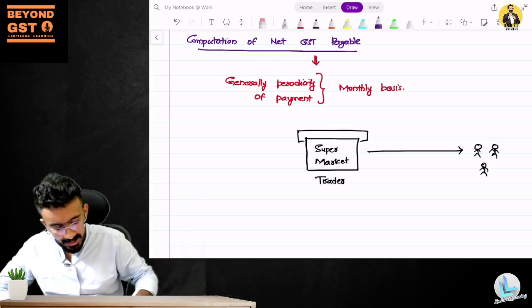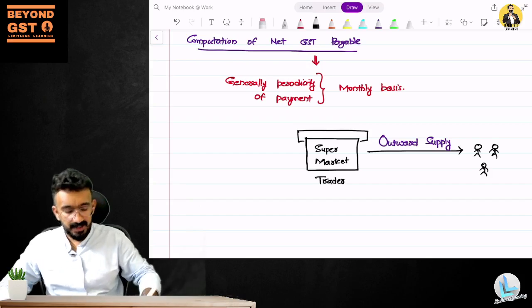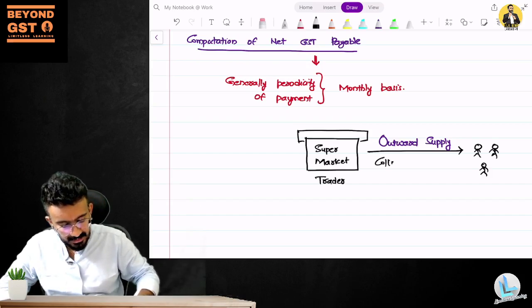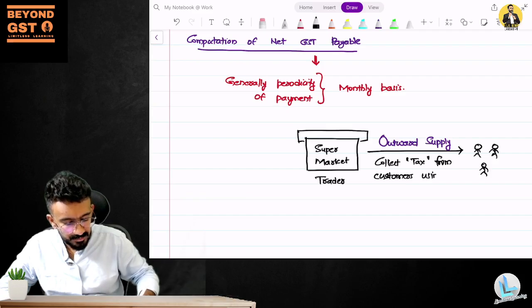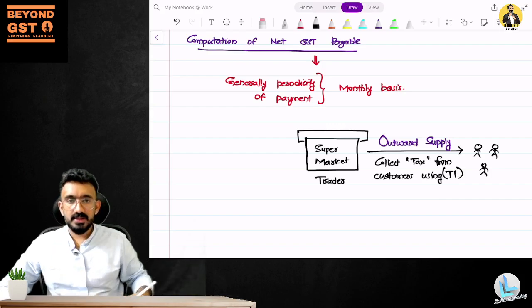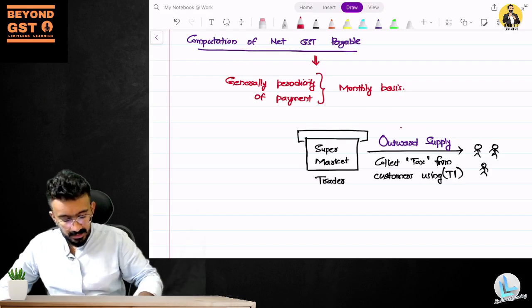This supply is called as outward supply. Whenever they make outward supply, they will collect tax from customers using a tax invoice, right?